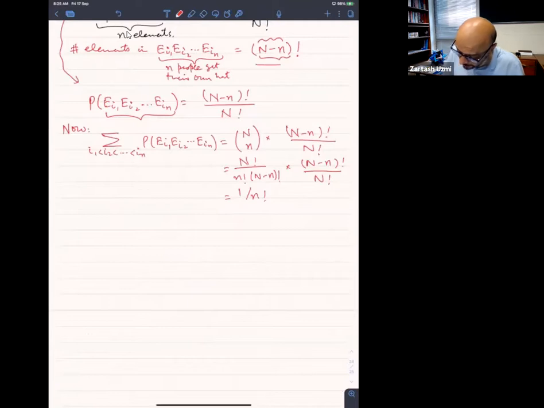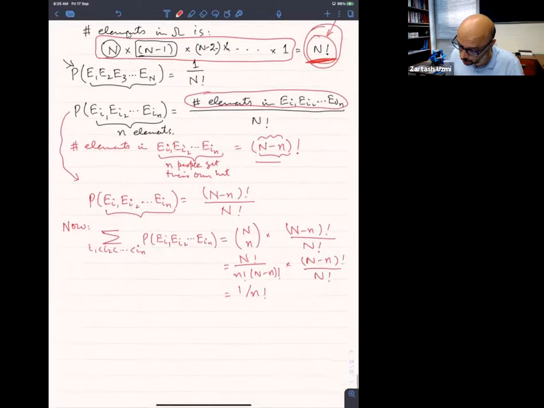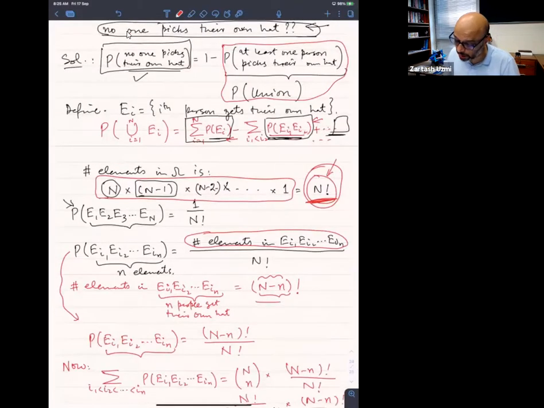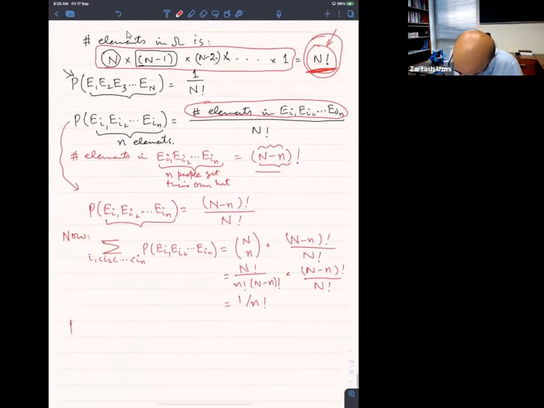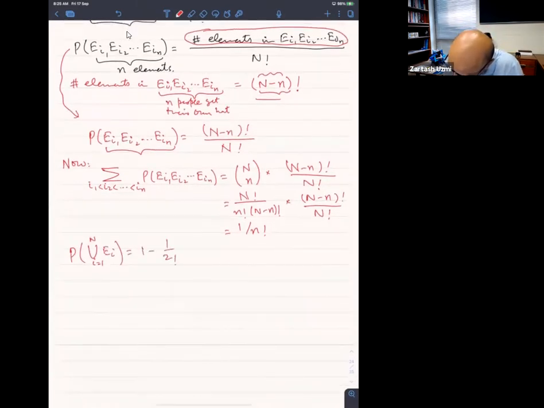So what we get here is कि probability of union I is equal to 1 to capital N E I would be equal to 1 minus 1 over 2 factorial plus 1 over 3 factorial minus 1 over 4 factorial plus 1 over 5 factorial minus so on plus अब ये आखिरी वाली जो टर्म है आपके पास वो 1 over capital N factorial होगी.